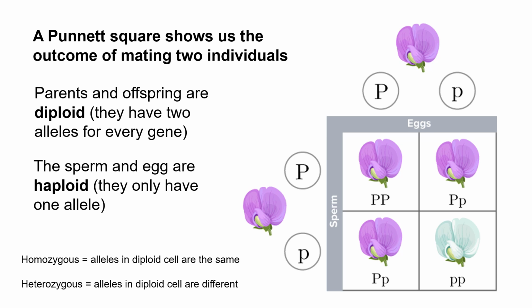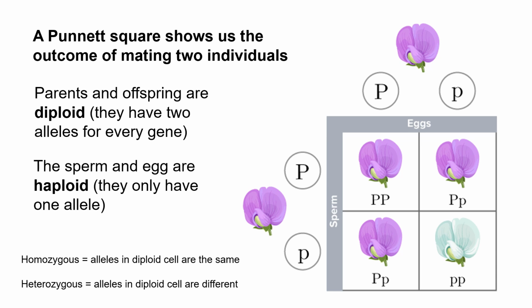When we cross them together, all we have to do is take those alleles and combine them to get our diploids. You can see that we have one plant that is big P, big P. We would say that is homozygous dominant. We have one plant that is little p, little p. We would say that that's homozygous recessive.